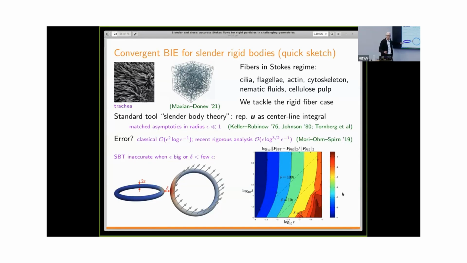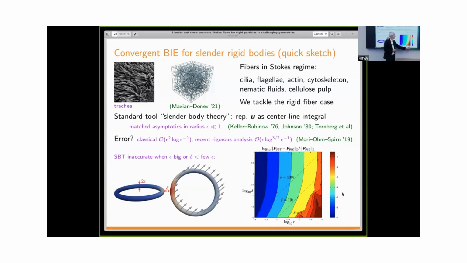So this is one of the things we can do with a high accuracy tool: push two slender objects together by a separation of delta. How good is slender body theory at getting that right? It turns out it's inaccurate whenever epsilon itself is big. That's to the right of this diagram, because we're plotting the log to the base 10 of epsilon here.